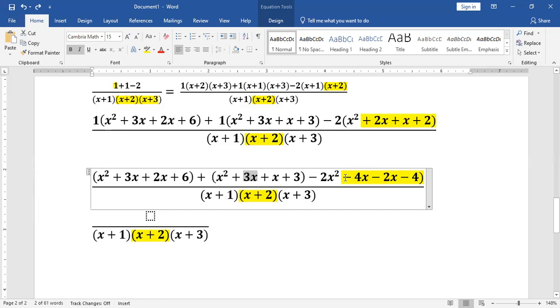Okay, so just dealing with these ones, this plus that, plus that, plus that, minus that, minus that, and it gives me 3x. So 3x here.